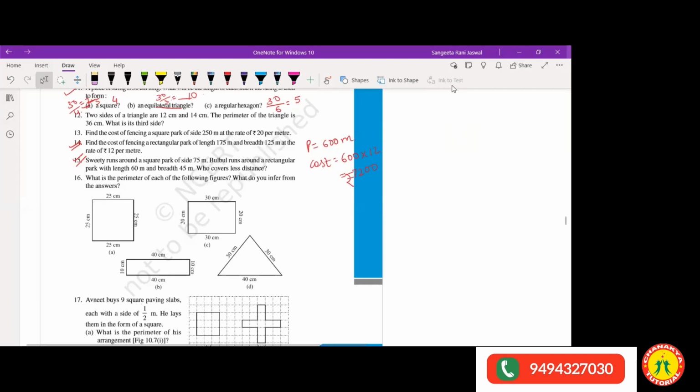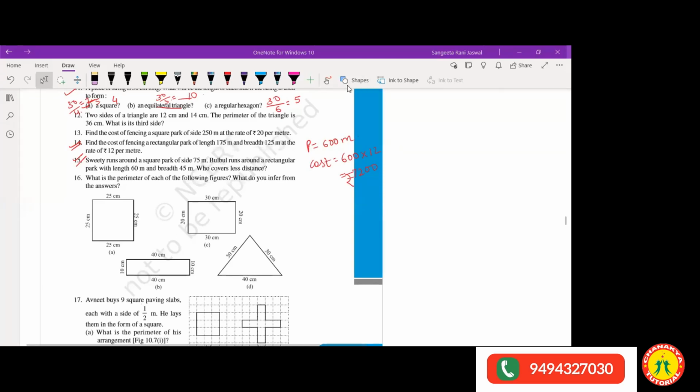Ma'am, I got my answer. Okay, Rishit, tell me what is it? Who is covering less distance? Ma'am, Bulbul is covering less distance. Okay, very good. Charvik has also given the same answer.